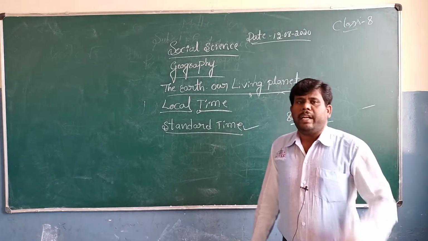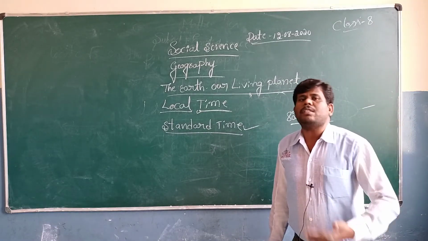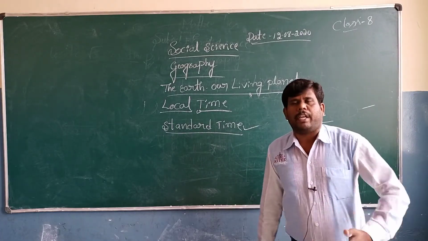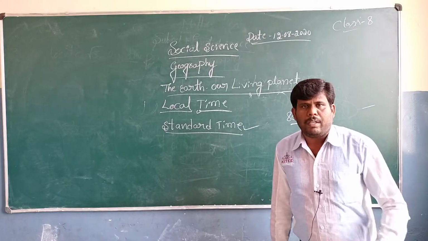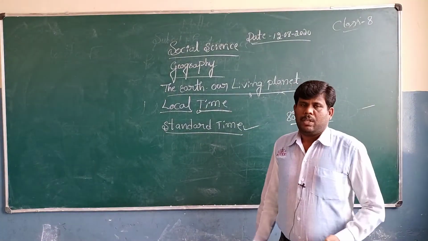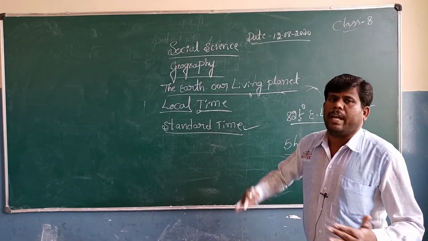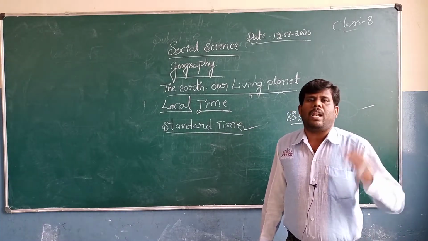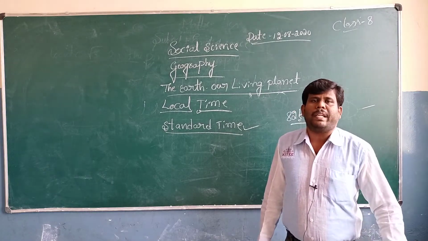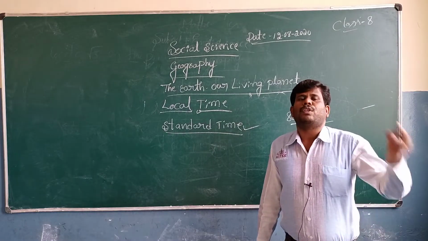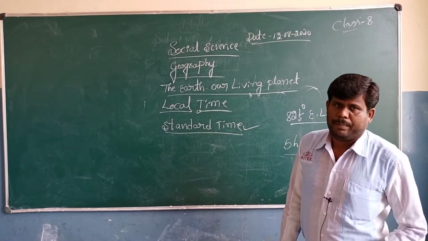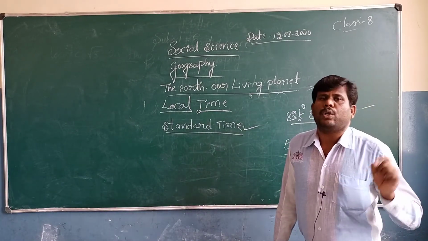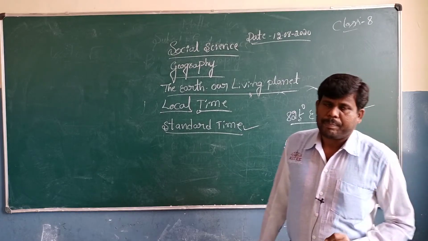So Indian standard time is based on the 82½ degree east longitude that passes over Allahabad of Uttar Pradesh. This is called standard time or uniform time.